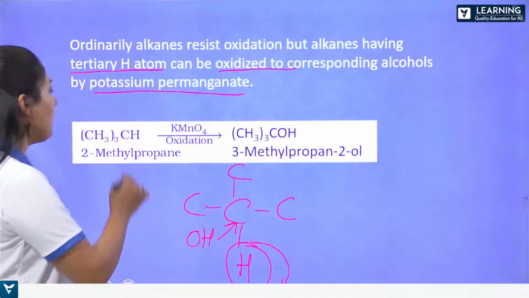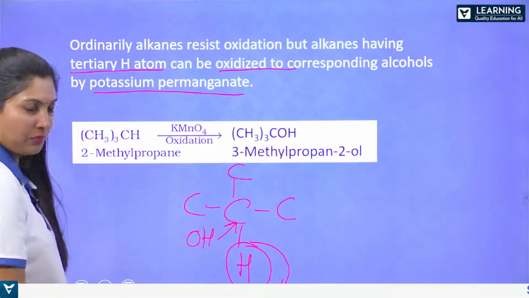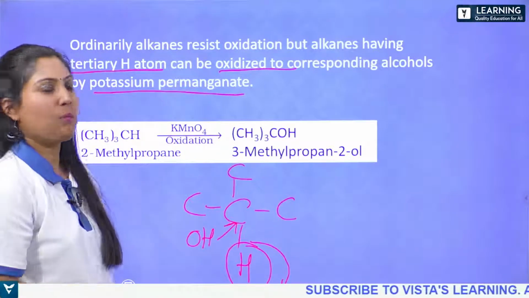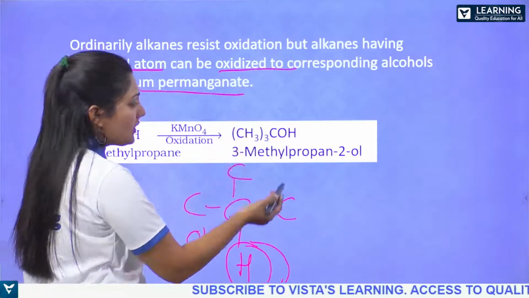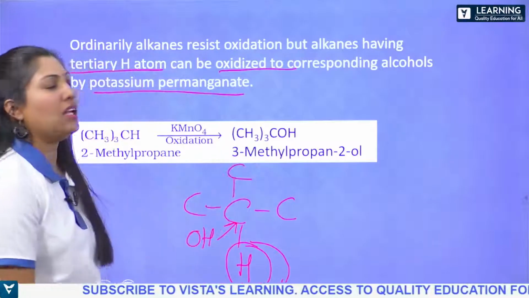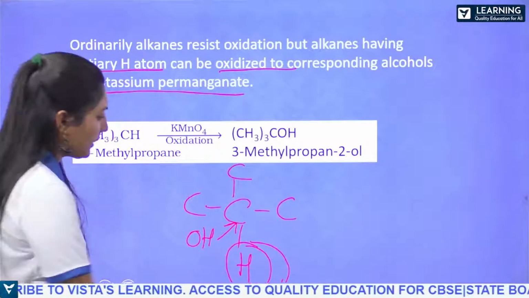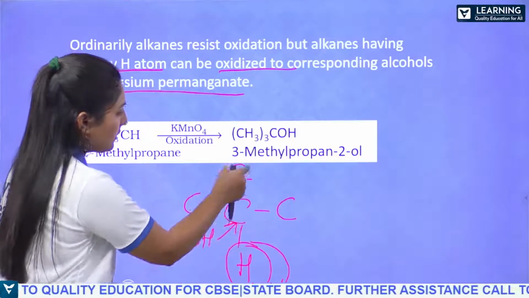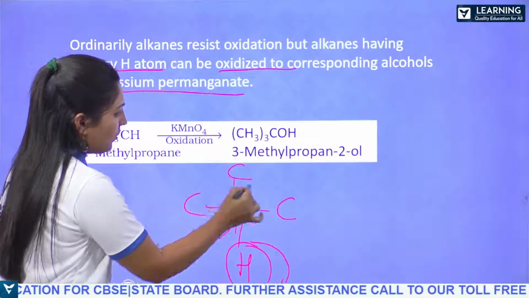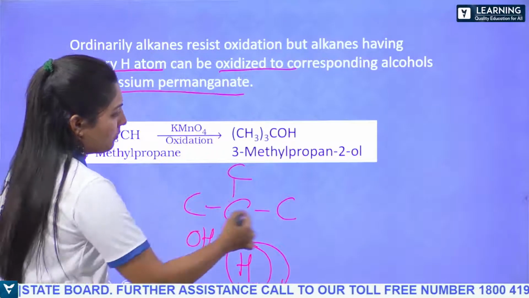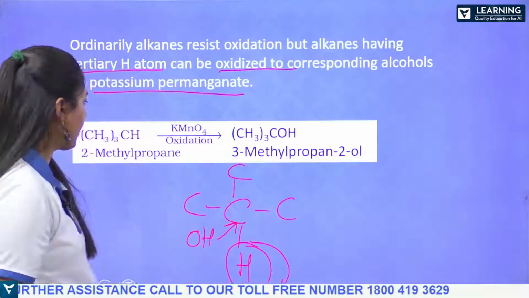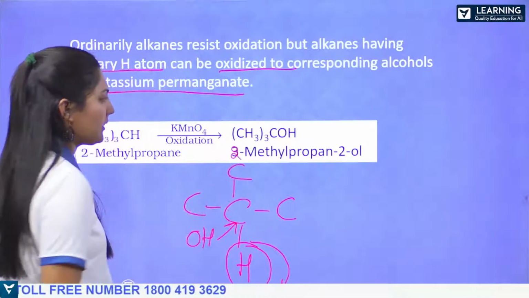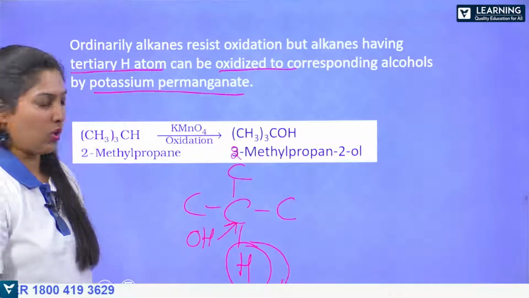So here we can see methyl propane. Methyl propane, when subjected to potassium permanganate, converts itself into 2-methyl propan-2-ol. That means 1, 2, 3, this is the propane, this is 2-methyl. So we have 2-methylpropan-2-ol.